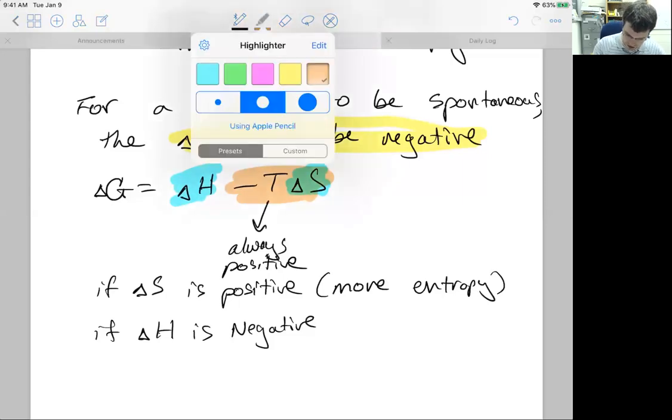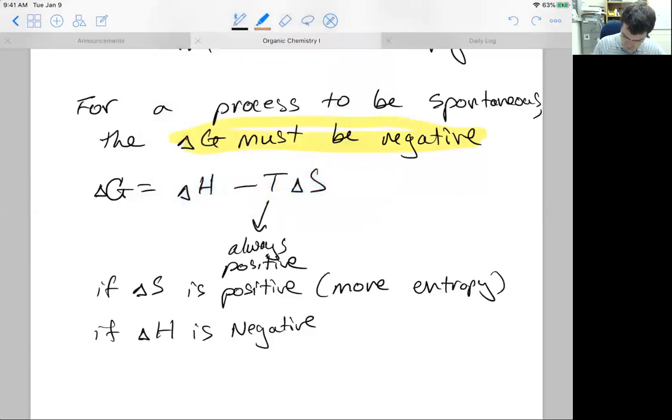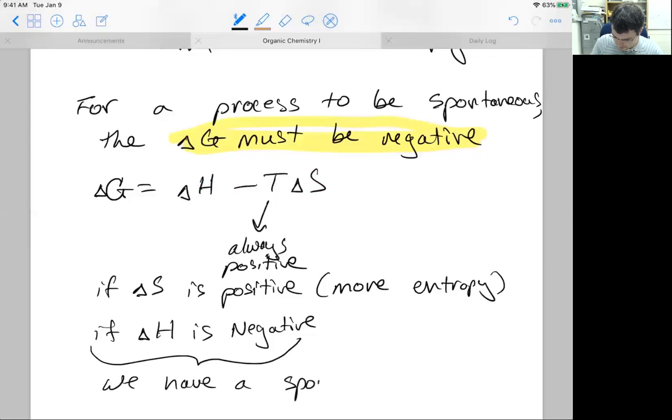If delta H is negative and delta S is positive, we have a spontaneous process. And there are different combinations we could have. Let's say we've got something that has a really low change in entropy.